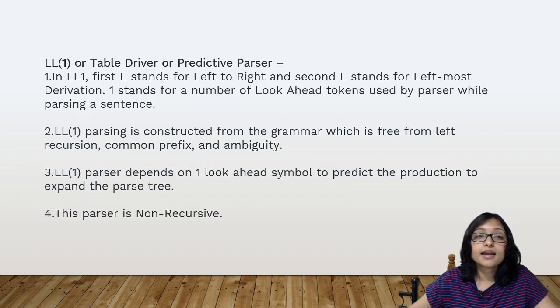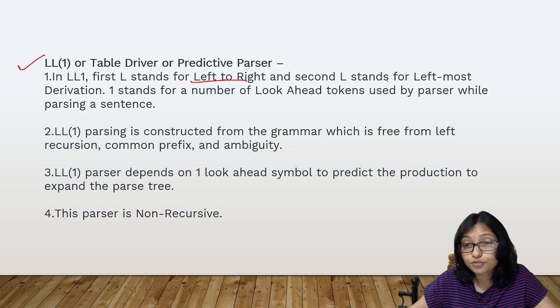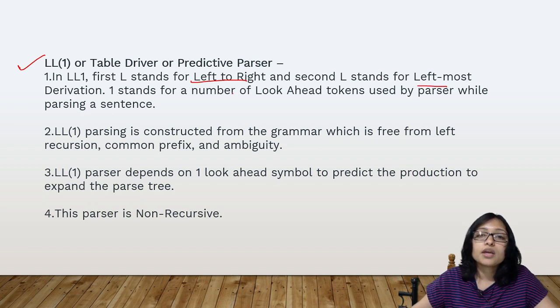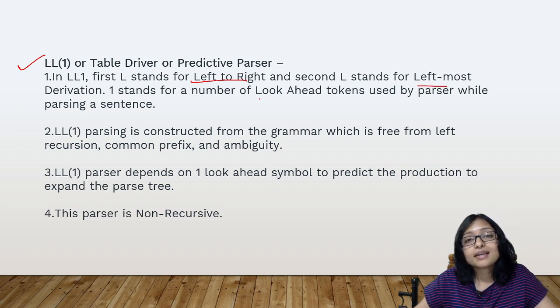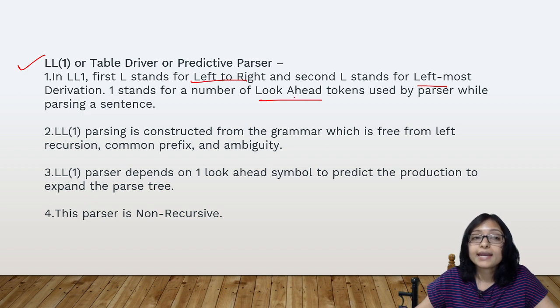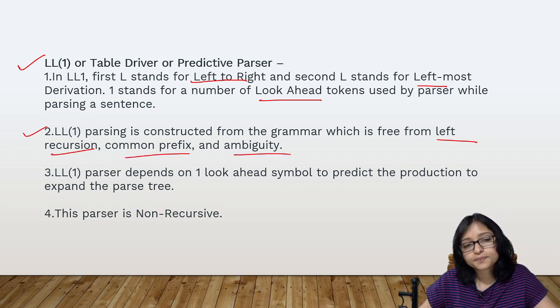Next one is the LL1. That is left to right, and leftmost derivation. Why is the name LL? The second L is telling look ahead. LL1 parsing constructs a grammar which is free from left recursion, common prefix and ambiguity.